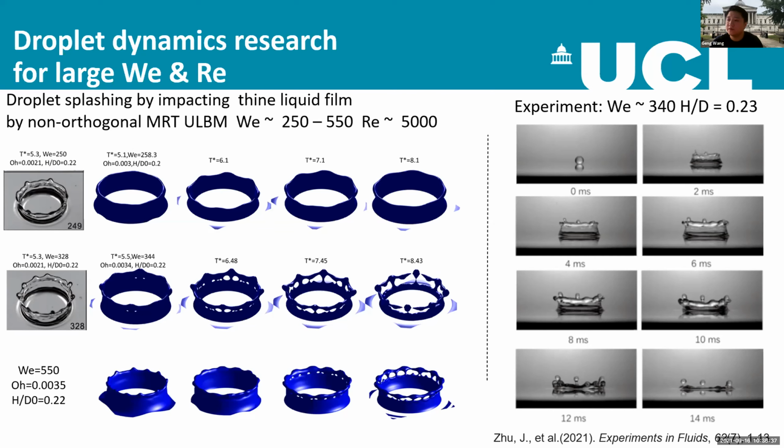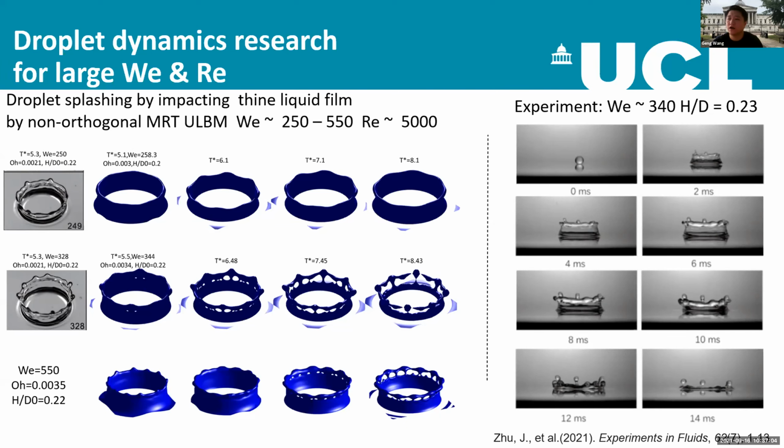The impacting Weber number ranges from 250 to 550, and the Reynolds number is kept at 5,000. By comparing the simulation results in the right figure with the experiment results in the left figure, it shows that our model can actually reproduce the dynamic process of crown and satellite droplet formation.